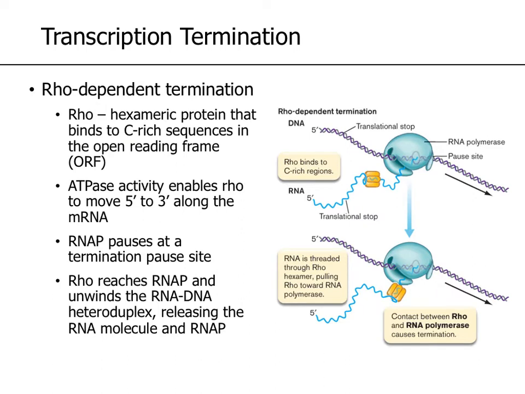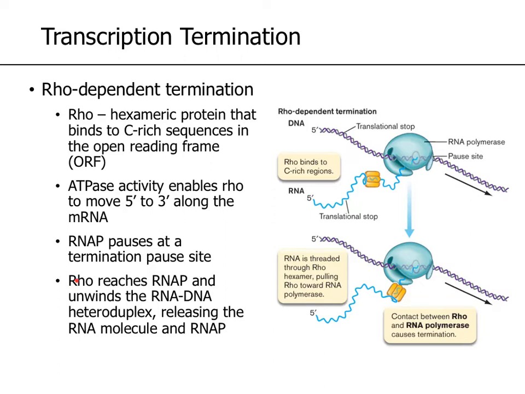The key is that this Rho is also an ATPase, so it uses ATP to essentially shove itself back up the sequence. So it'll go 5' to 3'. It'll attach on this C-rich sequence, and then it'll use energy to make its way back closer to the polymerase. In the meantime, the RNA polymerase will pause at a specific pause site in the sequence, almost like it's waiting for Rho to come along.